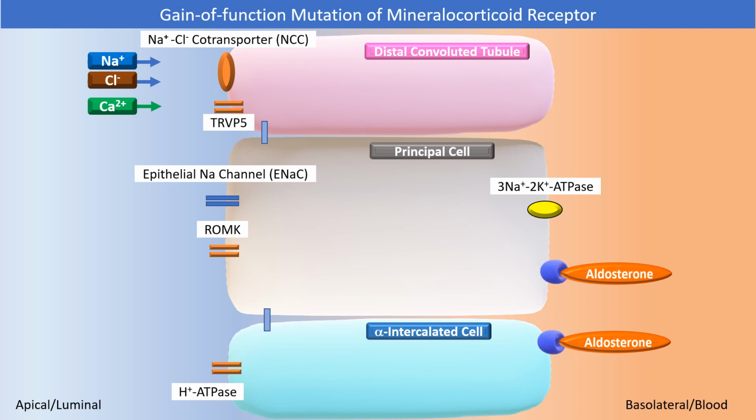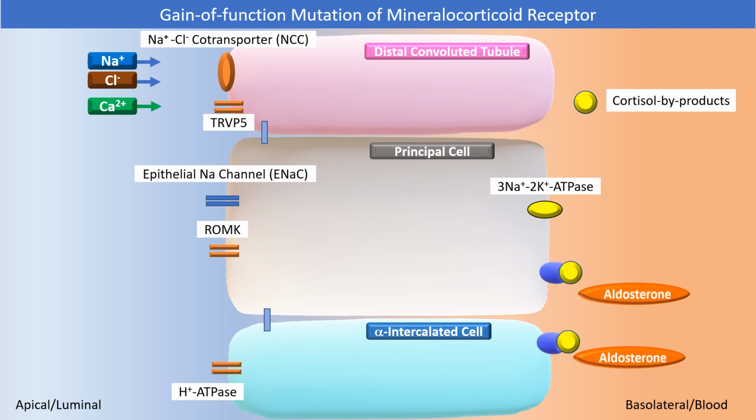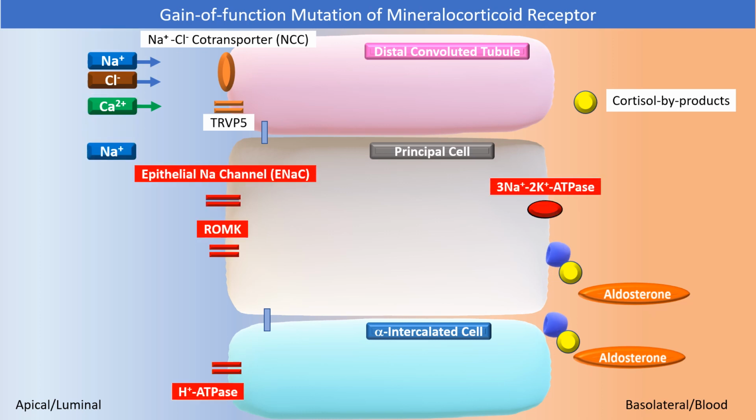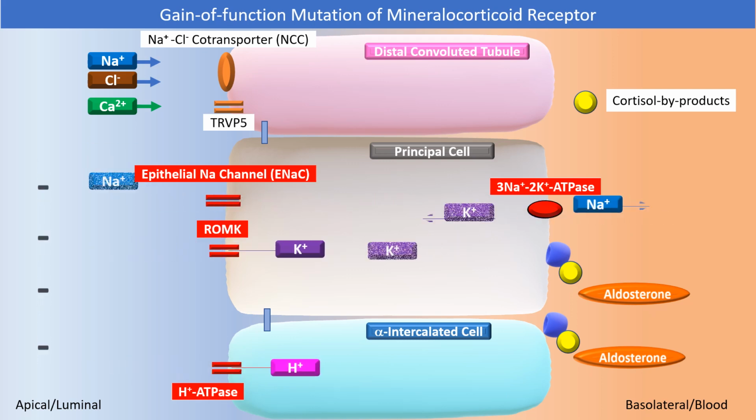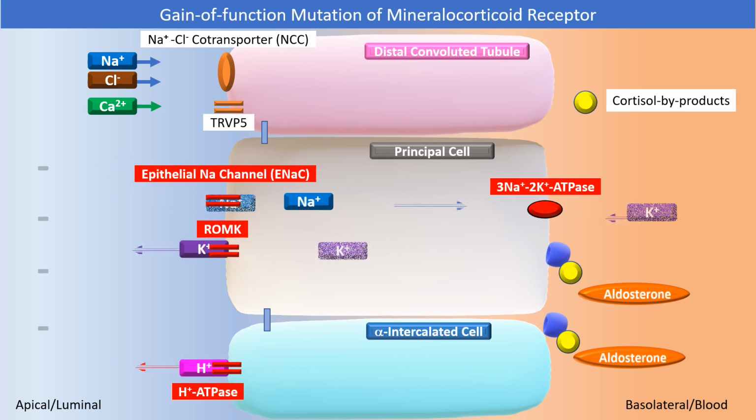It has been suggested that in patients with gain-of-function mutation of the mineralocorticoid receptor, the conformation of the receptor's binding site is altered such that it can bind to cortisol byproducts with high affinity and increase ENaC, ROMK, and hydrogen ATPase activities. This would then lead to increased sodium reabsorption via ENaC and enhanced potassium and hydrogen secretion via ROMK and hydrogen ATPase respectively.